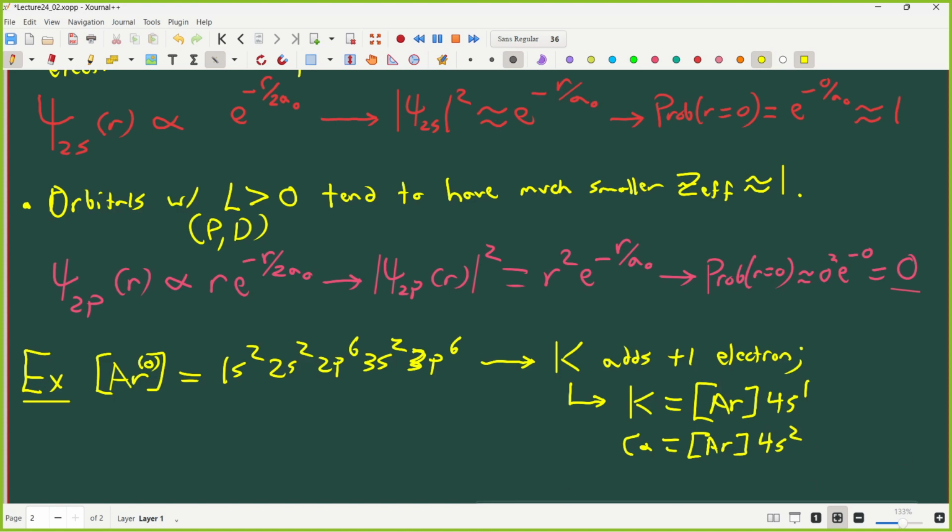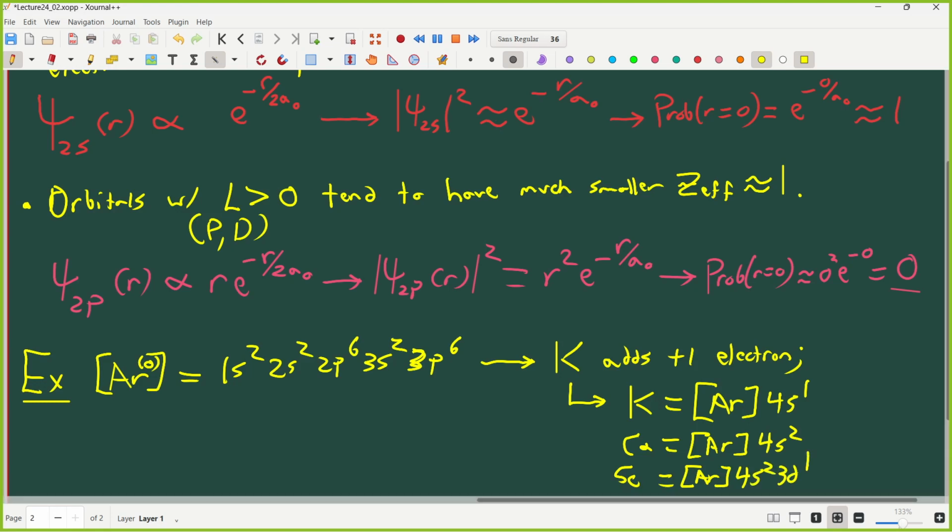It's not until the next atom, the first one in the d block, that they fill. Let me pull out the periodic table really quickly. I think it's vanadium. Scandium, sorry, scandium. Scandium is argon 4s2 3d1. So the 4s gets filled before the 3d's.